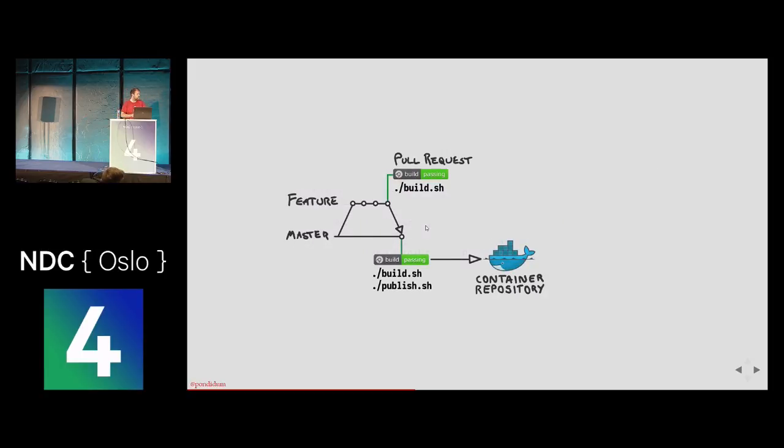We push our artifacts up to our container repository, and at this point, something happens to make it go into, say, your test environment. What that something is, you could probably fill a conference with. There are so many different ways to deploy. I tried to come up with a generic way of saying then you run this command and everything's happy.